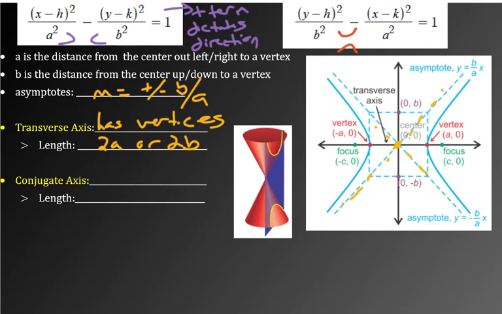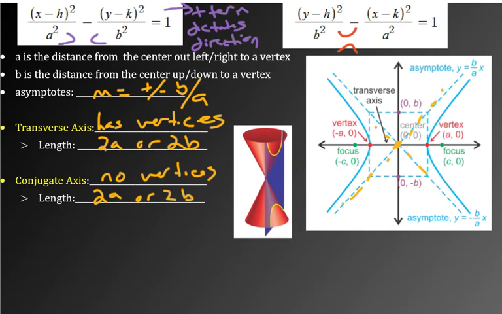And then the conjugate axis is the one with no vertices, and it also would have a length of 2a or 2b. It just depends on which type of hyperbola you have. All right, so I definitely expect that you know these definitions. They're important to know. Basically, transverse, one with vertices, conjugate, no vertices, okay? And transverse can sometimes be the vertical one, okay?